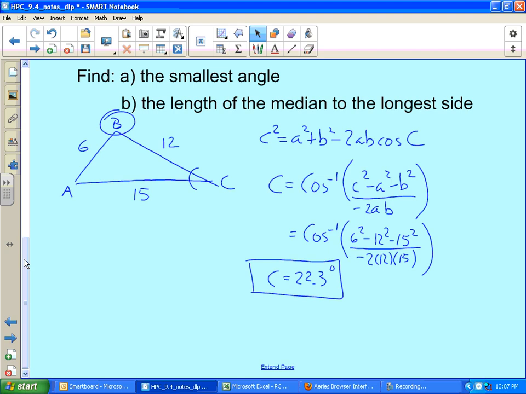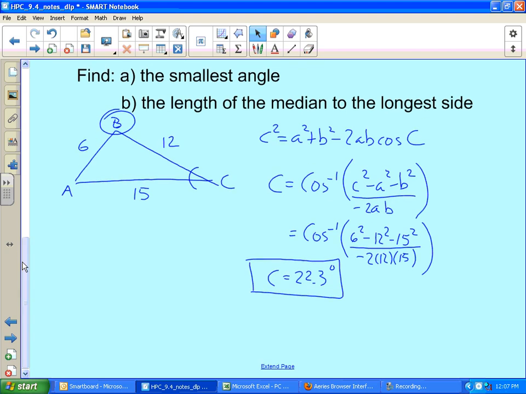So the longest side, we're talking about that median right there. We're going to the longest side. All right, so if we're supposed to find the length of this thing, that means we're going to be doing some distance formula stuff.